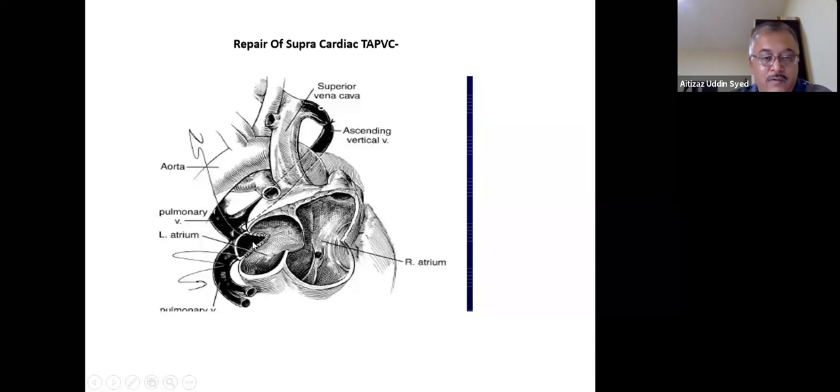So you open the confluence from one end to the other if it's lying parallel, and start suturing to this big anastomosis.